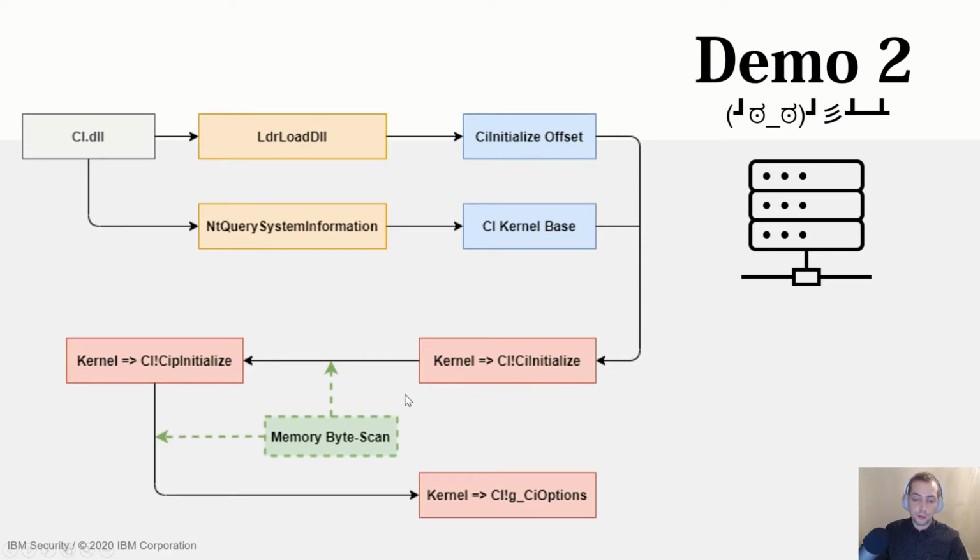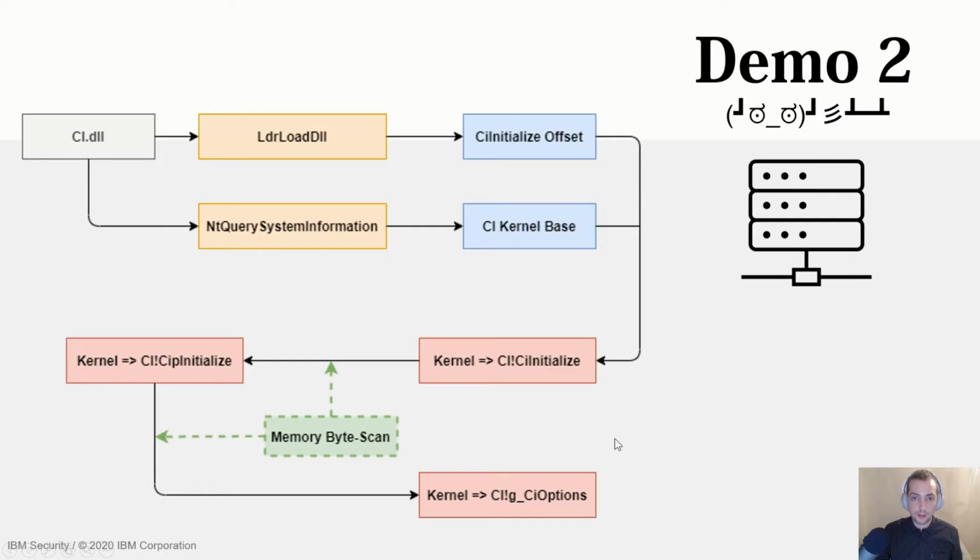After that, we have to do some memory byte scanning to find the pointer to another function, CipInitialize, right? And repeat the process. We do some more memory scanning until we find this global here, g_CiOptions. Okay, and once we find that global, we can just use AquaWrench to change its properties in memory.